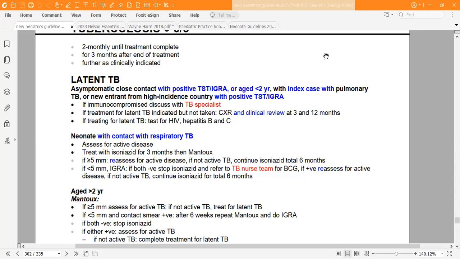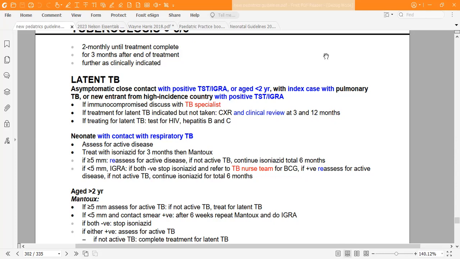If immunocompromised, discuss with TB specialist. If treatment for latent TB indicated but not taken, we have to do a chest X-ray and clinical review at 3 and 12 months.